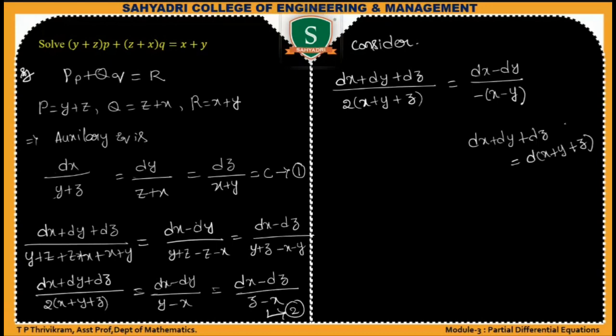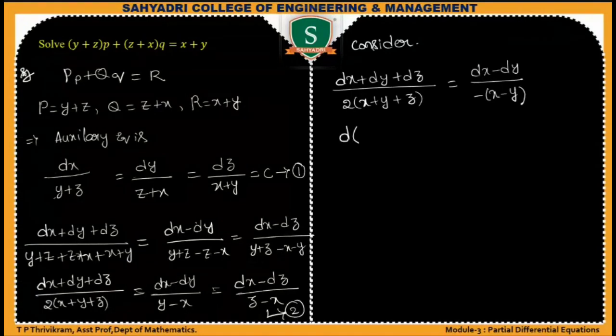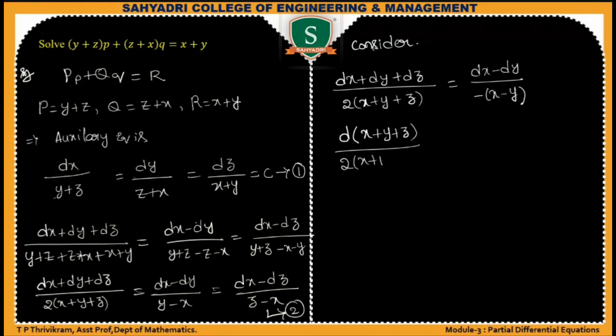Clear? So for that sake, I can write dx plus dy plus dz as d of (x plus y plus z), so that your integration will be easy. So I can write this as d of (x plus y plus z) divided by 2 into (x plus y plus z).